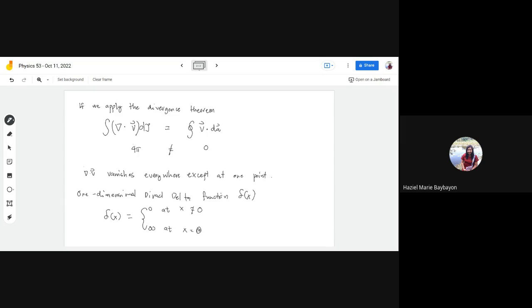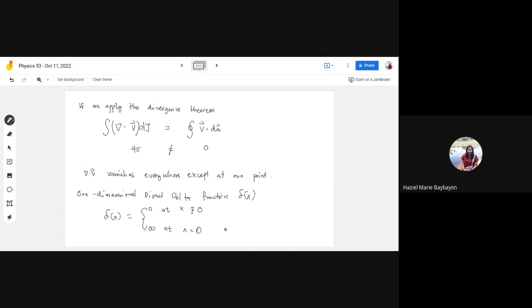Okay, so this is the one-dimensional Dirac delta function. What is the meaning of this? It can be pictured as an infinitely high, infinitesimally narrow spike with area equal to 1.